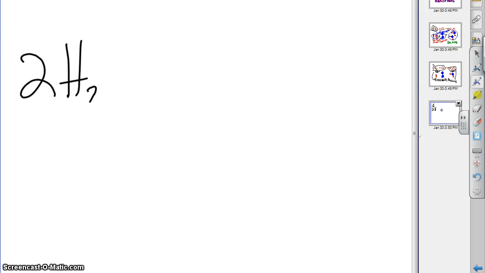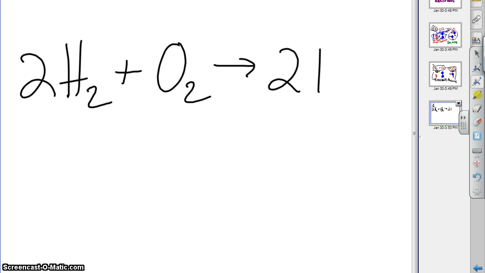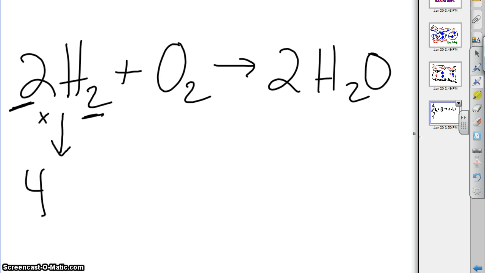And if we want to check that without a picture, we don't want to draw a picture every time, so how are we going to do this? Well, what you can do is you can take your coefficient times your subscript, and that tells you how many of those you have. So we have 4 hydrogens before the arrow, and we've got 4 hydrogens after the arrow. So hydrogen is cool.